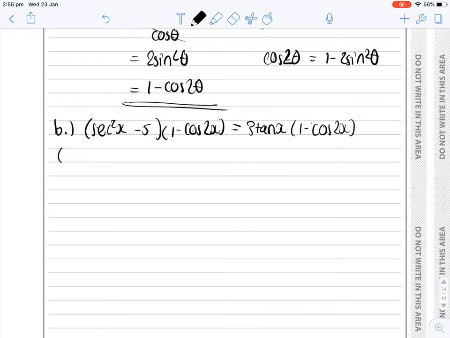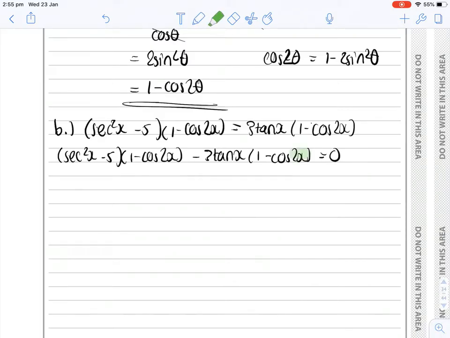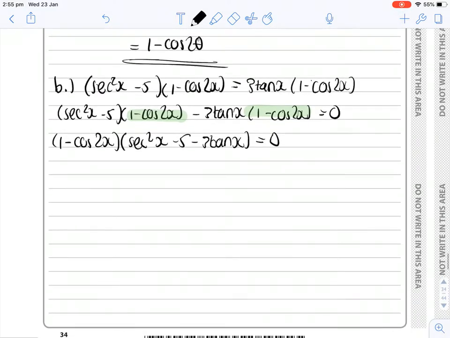So if we then say that we've got (sec squared x minus 5)(1 minus cos 2x), take away 3 tan x (1 minus cos 2x) is equal to 0, we can actually factorise and say that we've got (1 minus cos 2x) lots of (sec squared x minus 5 minus 3 tan x) is equal to 0.